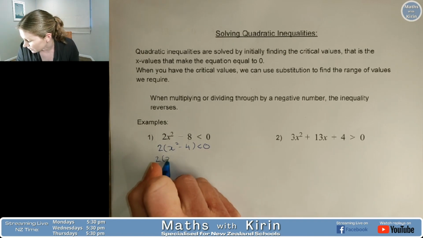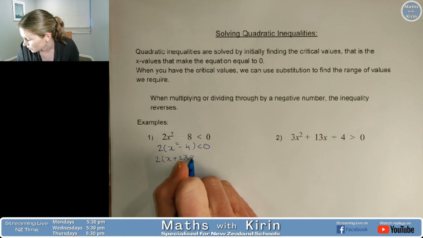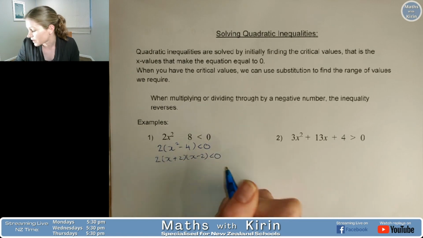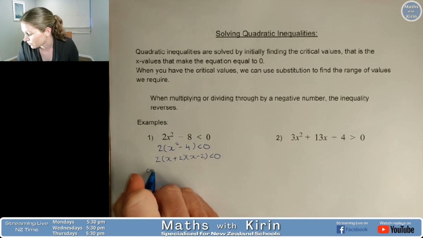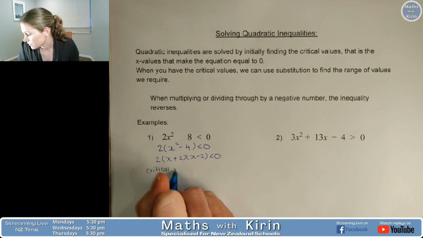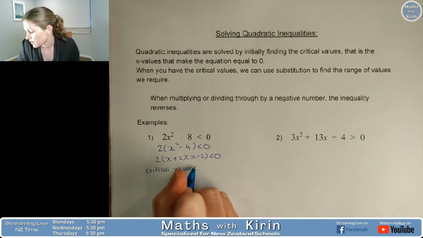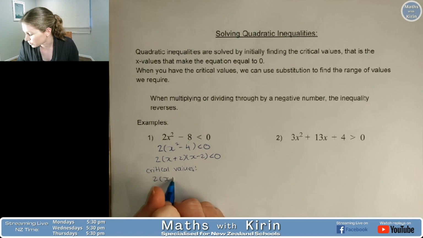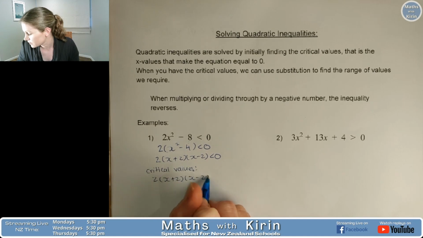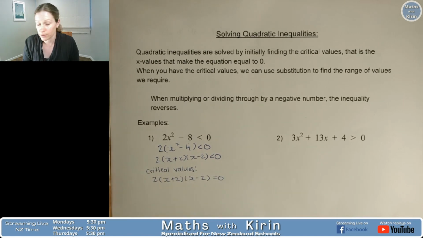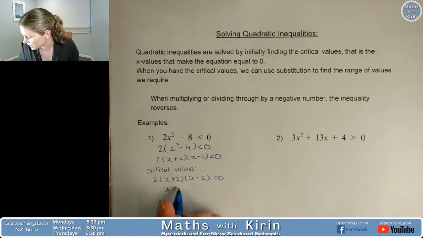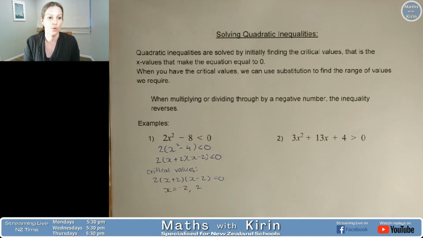So 2 stays out in front and we have an x plus 2 and an x minus 2 as our two factors. So our critical values happen when this expression we've already factorized is equal to 0. So that would mean that x is negative 2 or x is positive 2, either of those.